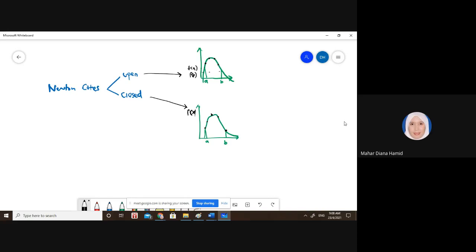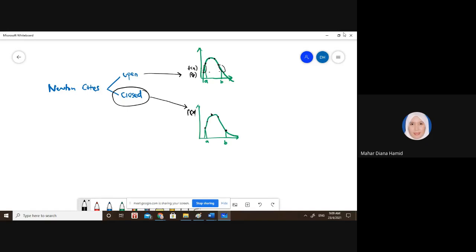Okay, anyway, in our course, we are going to focus on closed method. Open method is still good for numerical integration, however, there will be more work since we need to extrapolate the data. Therefore, in this course, we are going to focus on the closed Newton-Cotes integration method.